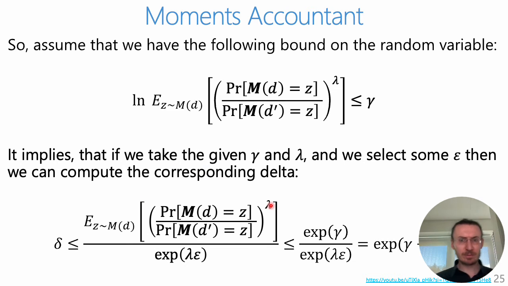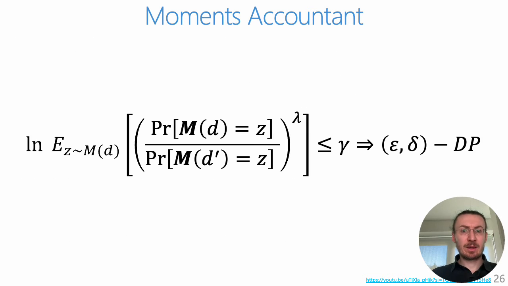So the main point is that by bounding the expectation of the ratios of the probabilities to the power of lambda by some value gamma, we can infer the corresponding epsilon delta DP guarantees.